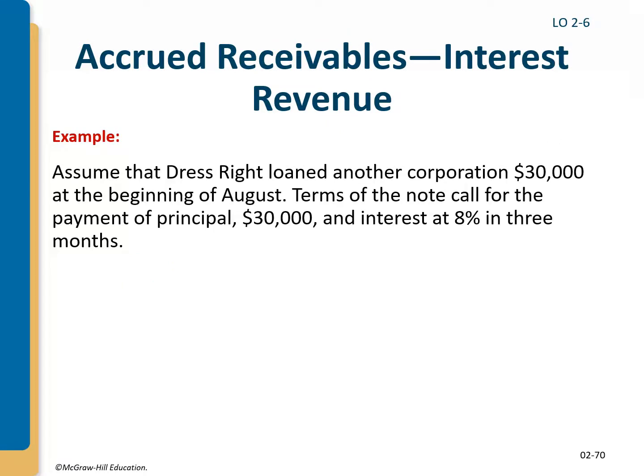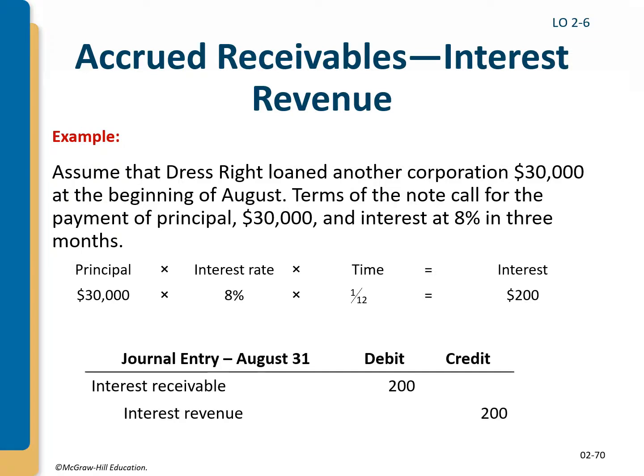Here's an example. Assume Dress-Right loaned another corporation $30,000 at the beginning of August. Terms of the note call for the payment of principal of $30,000 and interest at 8% in 3 months. Well, as of the end of August, if we're looking at that date, 30,000 times 8% times 1/12 of the interest has been earned or accrued.